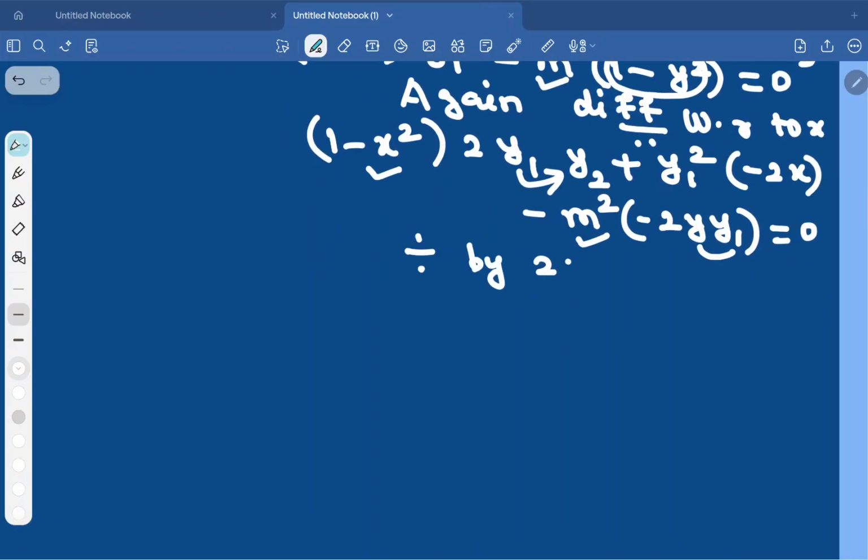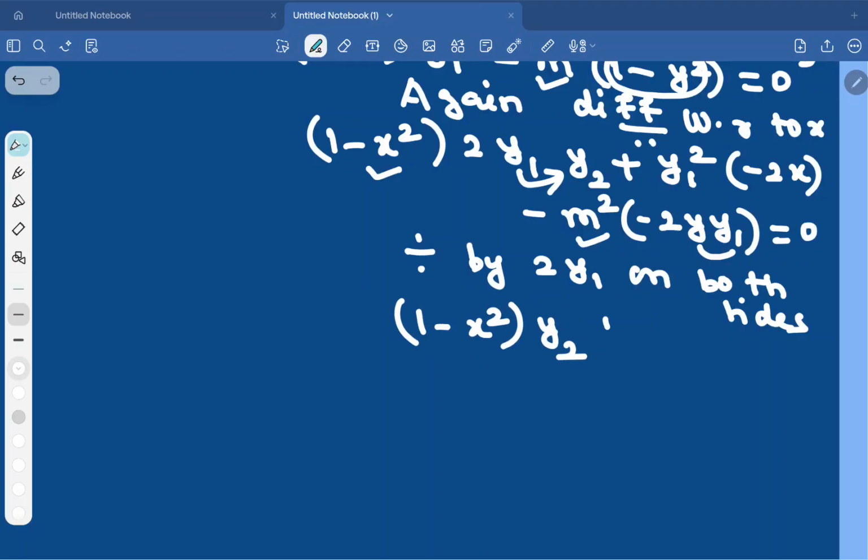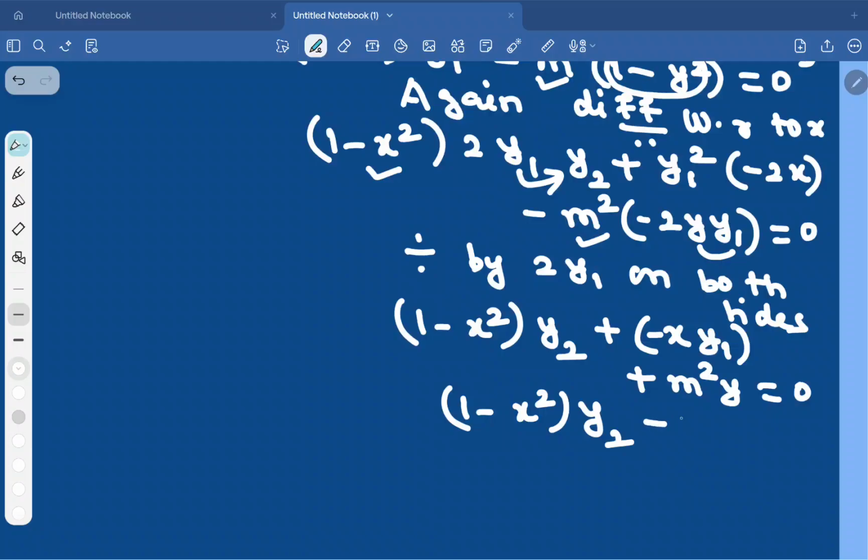Divide by 2y1 on both sides. It becomes 1 minus x square y2 minus x y1 plus m square y equal to 0.